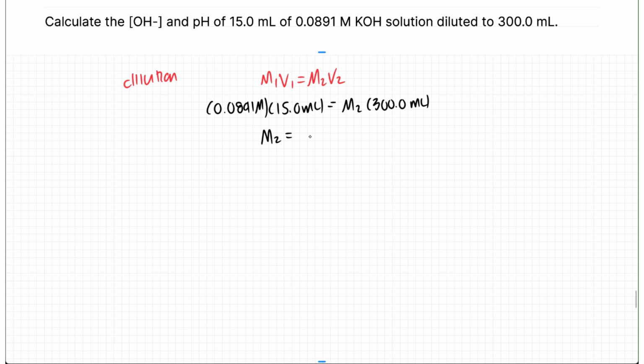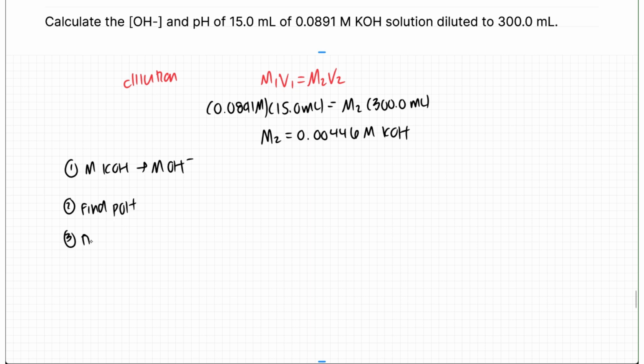When we divide 300 over to the other side, we get a new concentration of 0.00446 molar KOH. We're going to take that new molarity of KOH and find the molarity of OH- instead using the mole ratio from the equation. And then we can find the pOH and the pH.